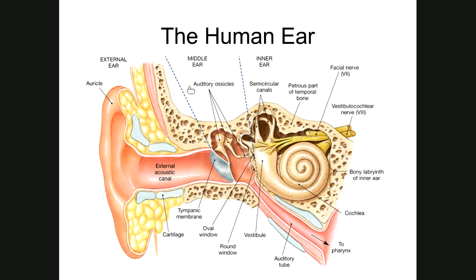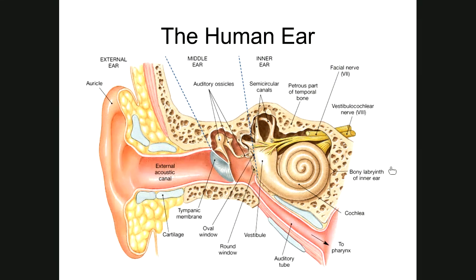The handle, and we'll look at these again, they're bigger, but the handle of the malleus, the first of the 3 auditory ossicles, attaches to the tympanic membrane, and the head connects to the second one called the incus, which is shaped like, actually reminds me of a tooth. Malleus is like a mallet. Incus, it has 2 root-like structures. You can only see one here. So that's the middle one. The incus in turn attaches to the stapes, which does actually look like a stirrup.